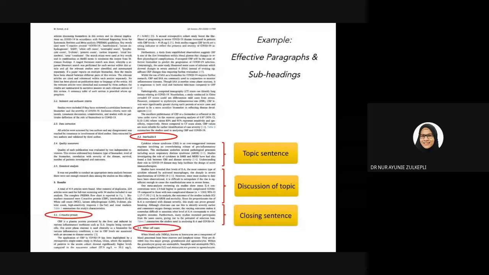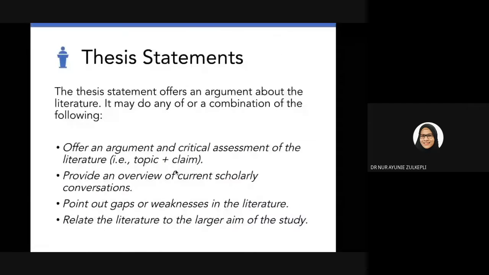Okay, next. This is the thesis statement. So how to construct a very good sentence or statement in your paragraph. The thesis statement, we call it, offers an argument about the literature. It may include either of these or a combination of the points I include here.